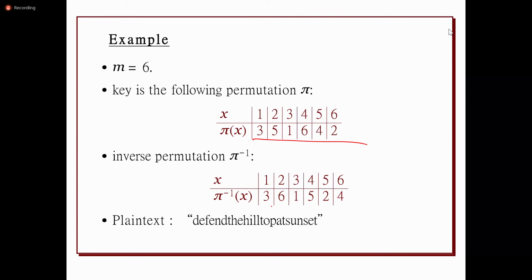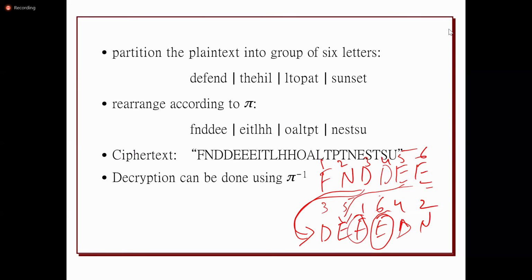Sorry, the inverse permutation is this one, 3, 6, 1, 5, 2, 4. So we need to take that 3, 6, 1, 5, 2, 4, and by considering that, we'll get the same plain text.